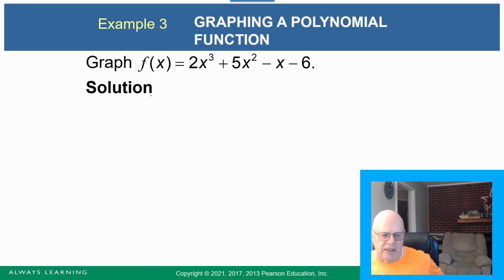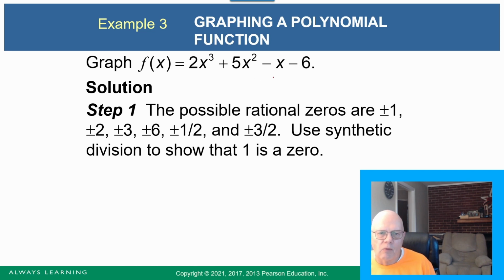So let's take a look at this. 2x cubed plus 5x squared minus x minus 6. Well, remember the possible rational zeros? All the factors of 6 are what could be your p-values in your rational zeros.